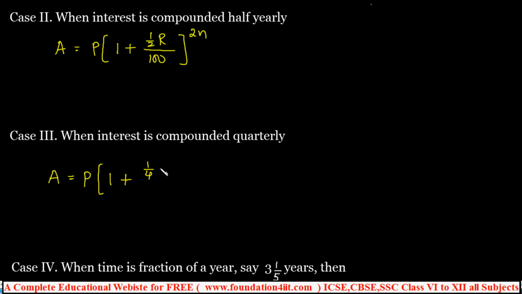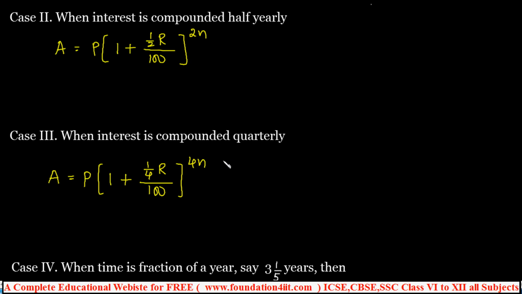So 1 by 4 into R divided by 100, and you can guess what you should write. If it is half yearly, it is 2n. Quarterly means 4n, because 4 times. If it is 1 year, 1 into 4, so 4 quarters in this. If it is 2 years, 4 into 2 is 8. So 3 months, 3 into 4 is 12 months, right?